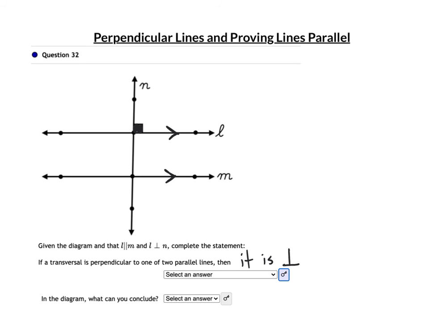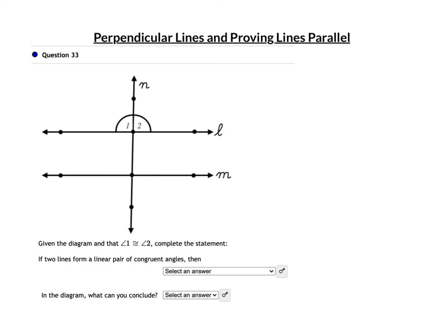Symbol for perpendicular is an upside down T. What can you conclude? Well, that would be that N is perpendicular to M.